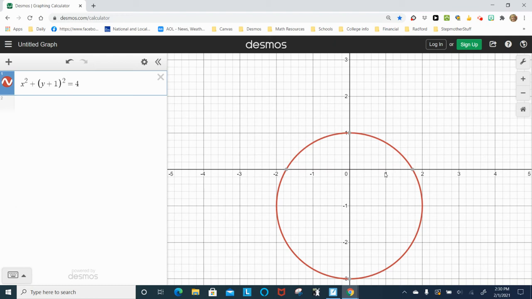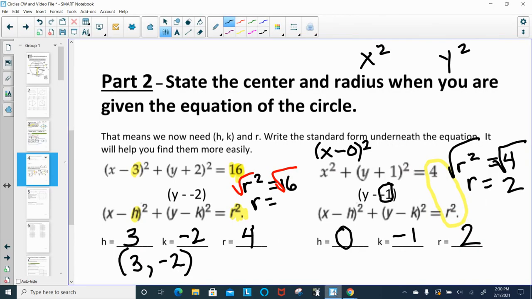We'll see these boxes. This is 1 and 2. So if I start here at the center, that's 1, that's 2. So you got to kind of look at the scale on the graph, but we are correct. We have a center of 0, negative 1, and a radius that is 2 units long. So we did a great job.